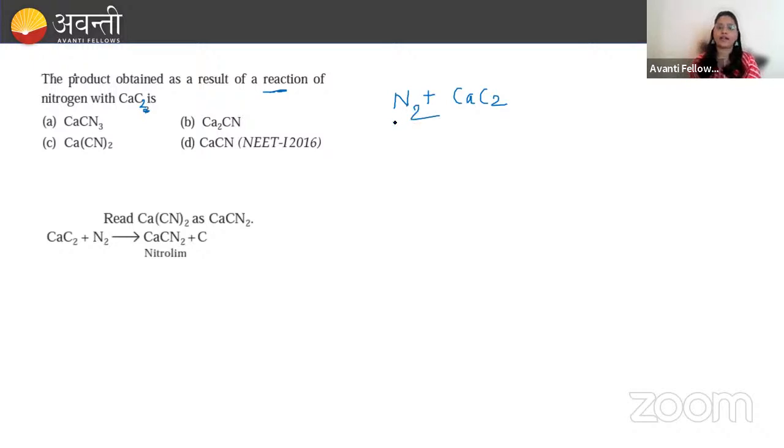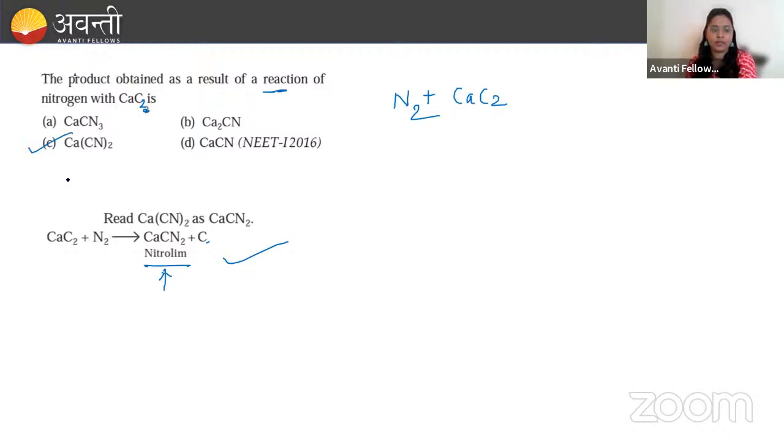When nitrogen reacts with calcium carbide, there is a formation of nitrolim, and carbon is as it is. One carbon is removed and nitrogen comes in; one carbon and nitrogen stay here, and the product formed is known as nitrolim. So what is our correct option? A, B, C, D. CN twice. So the answer will be C. Any doubt in this?